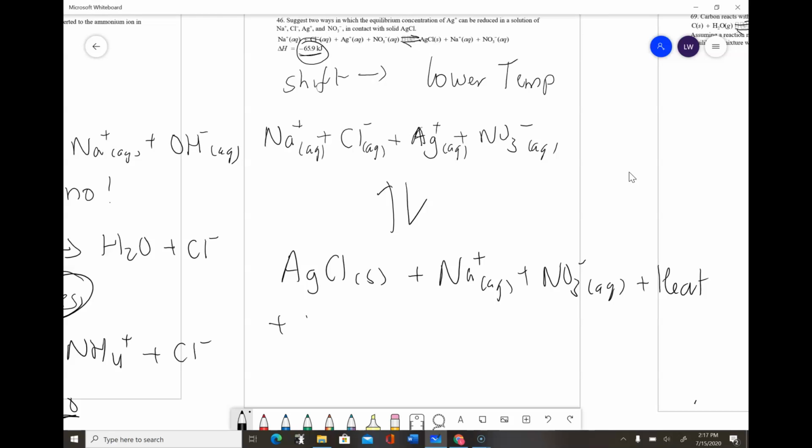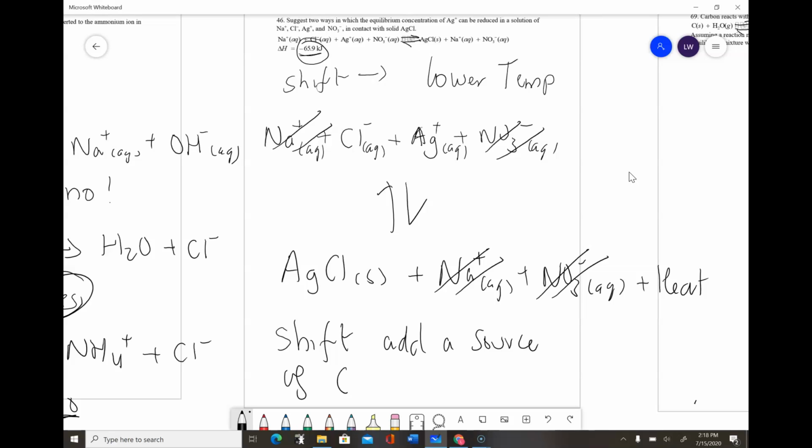Okay, how else could I get the system to move to the right? Well, I think it's important to realize that the sodium ions and the nitrate ions are not relevant because they actually just cancel out. So that's not really going to help. But another way that I could shift this to the right would be to add a source of, you guessed it, chloride ions.